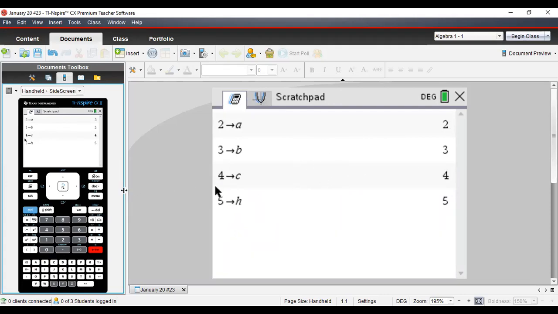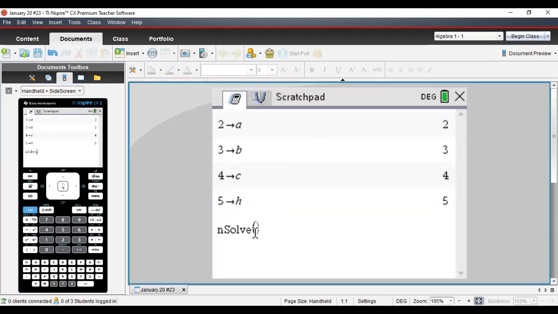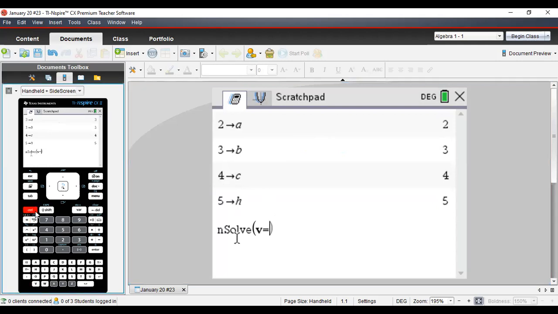We're good to go. So now what I'm going to do is go to the menu, and I'm going to use this numerical solve. Basically, you just type in the entire equation. And then we're going to solve for V. So watch. I'm going to do 1/2 times A, and I'm going to put a multiplication symbol in here because I know that when you start putting variables next to each other, the calculator sometimes gets confused.